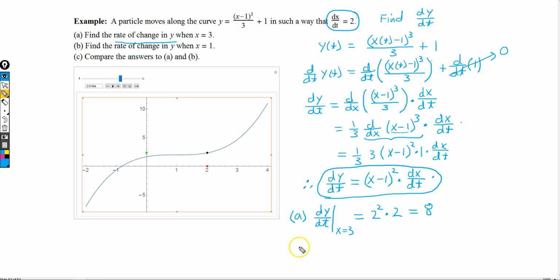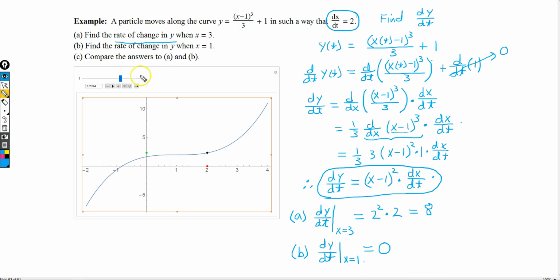And for part B, dy/dt when x equals 1, well, if we put 1 up in here for x, you see we get 1 minus 1, that's going to be 0. So its velocity or rate of change is 0 when x is equal to 1.